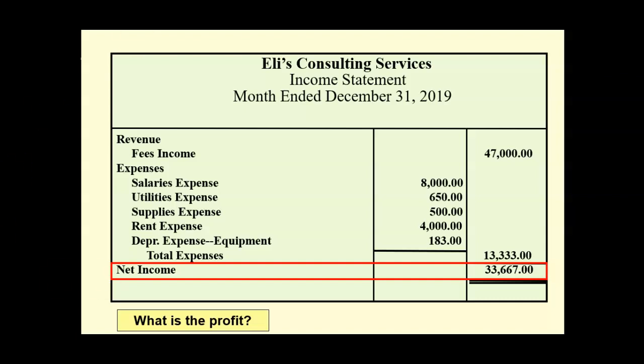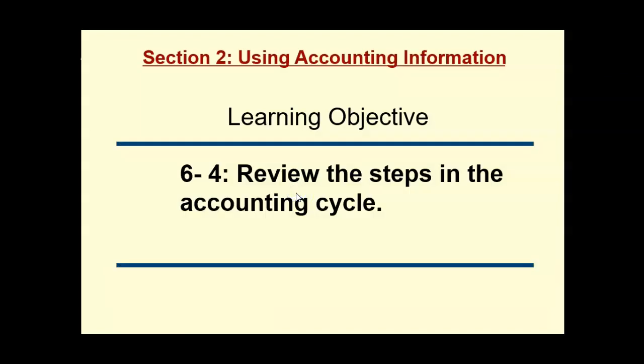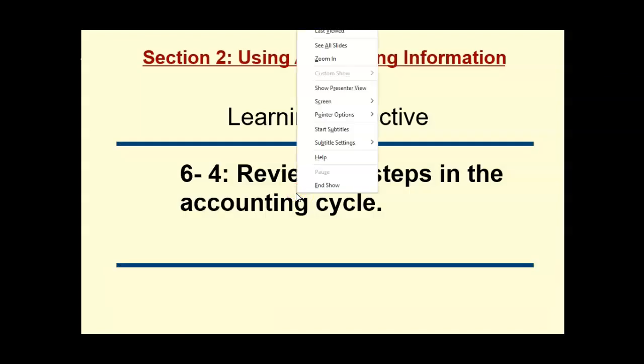So what we're saying is that we can utilize these statements to answer questions about the finances of any business organization. Okay? So that will conclude our lecture over Chapter 6. Be sure to review all of the other Chapter 6 lecture information.